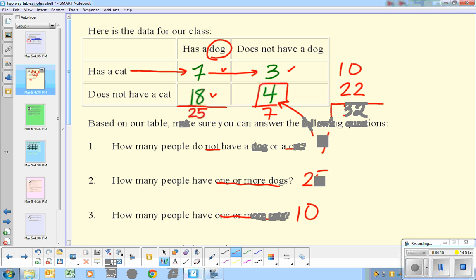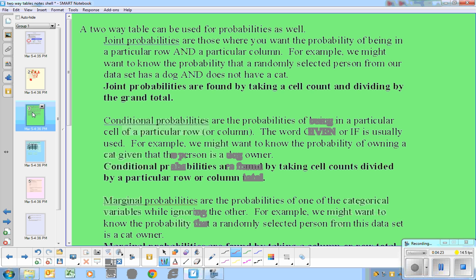The importance of the two-way table in probability or statistics class is actually to determine probabilities, okay, and be able to look at that. So in your notes page, you'll see that I have defined 3 different kinds of probabilities. These are vocab words that you should make yourself very well acquainted with, because I can see myself asking you some questions like that on an assessment, just naming them.